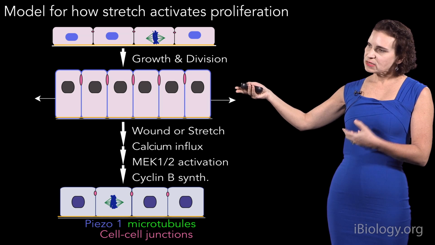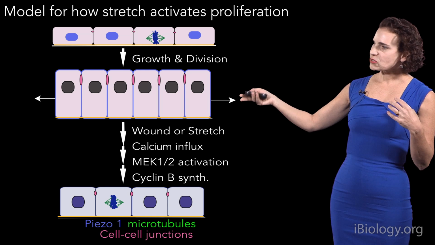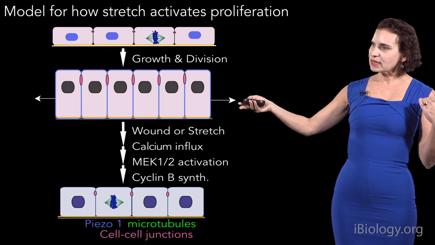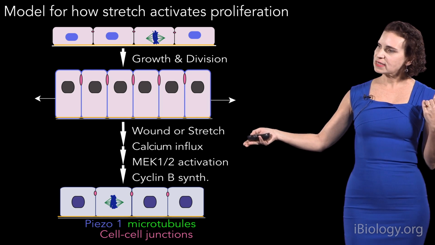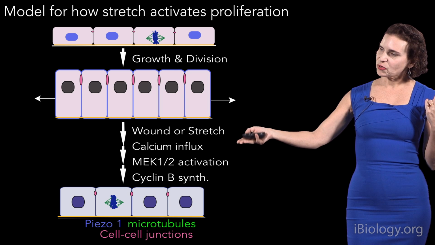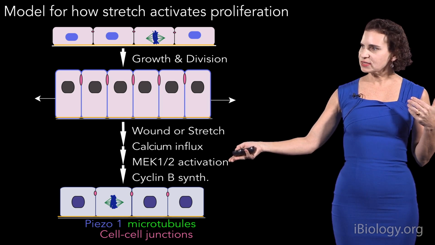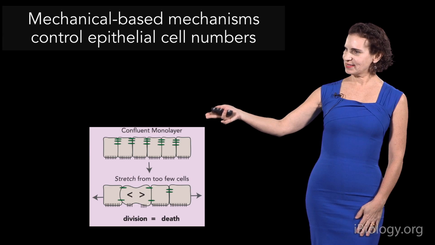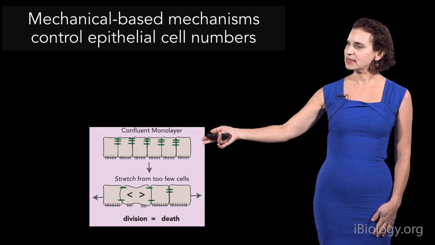If they experience a reduction in those numbers, either through apoptosis or a wound, or if they experience any stretch, this will cause piezo-1 to activate calcium-mediated influx, which will cause cyclin B to be synthesized through MAP kinase activation. This will then cause the cells to undergo mitosis so they reach the numbers that they prefer. Together, we've shown that epithelia prefer to be at a constant density.